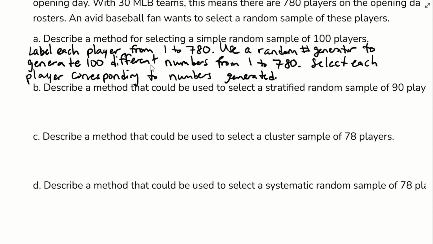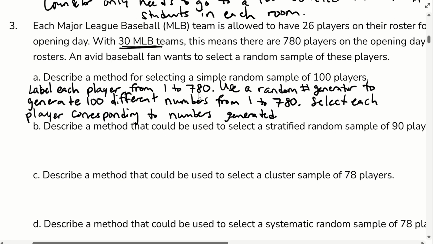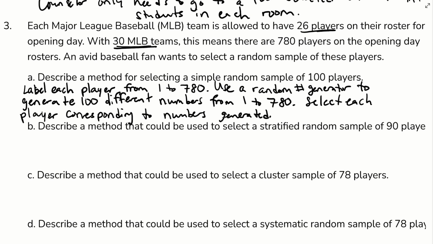Since we want 90 players and there's 30 teams, that means we're going to want to select 3 players per team, for a total of 90. Each team has 26 players, so we're going to go to one team, label the players from 1 to 26, and then select 3 different numbers between 1 and 26.